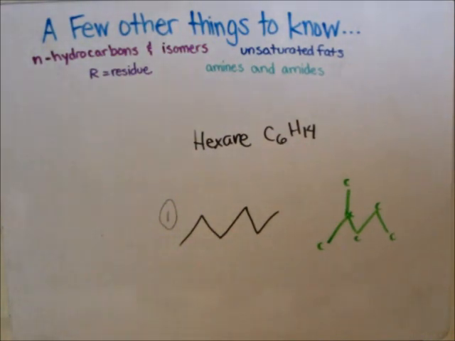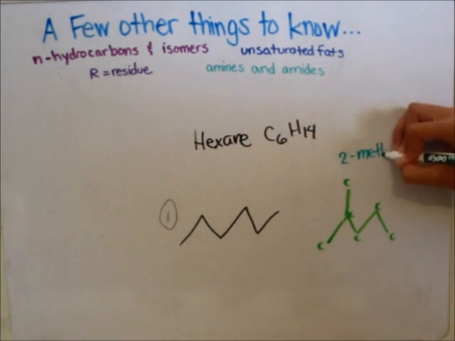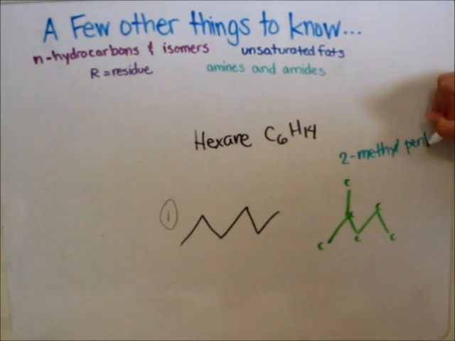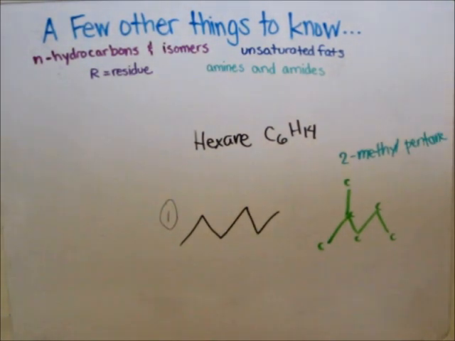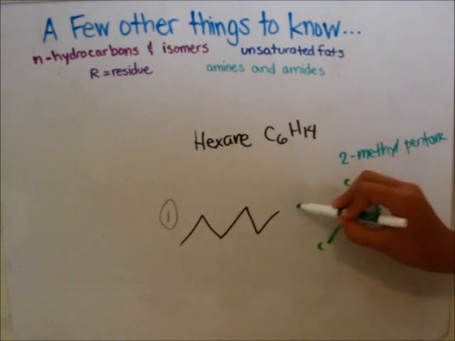And we would call this 2-methylpentane. And 2-methylpentane is an isomer of hexane. So that's a second way to draw it.